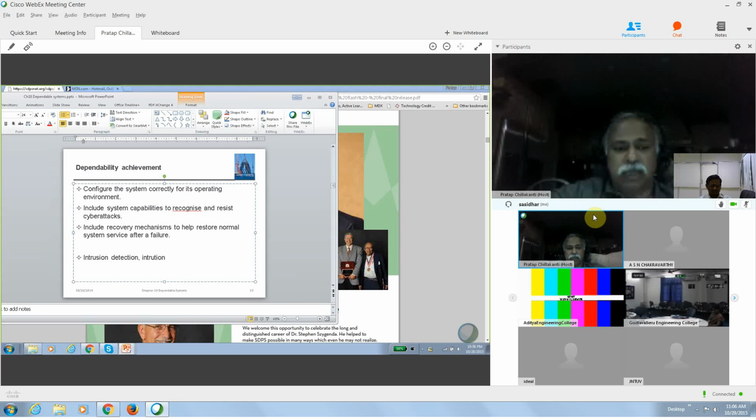There are intrusion detection systems. There's an entire field called intrusion prevention and intrusion detection systems.